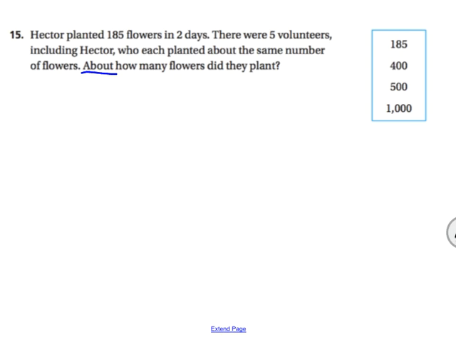So really, it's this. 185 times 5. The 2 days is just telling you how long they took to do it. The 2 is not playing a part into this problem, okay?